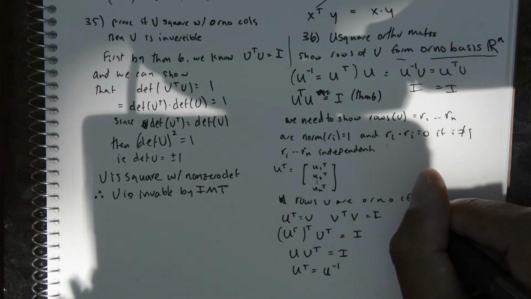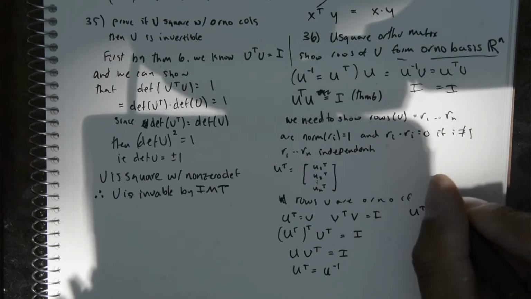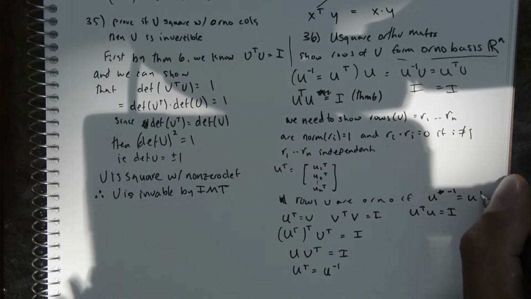Wait, okay, what do we know? We know that U transpose U equals I. We also know that U inverse equals U transpose. That's what we know.